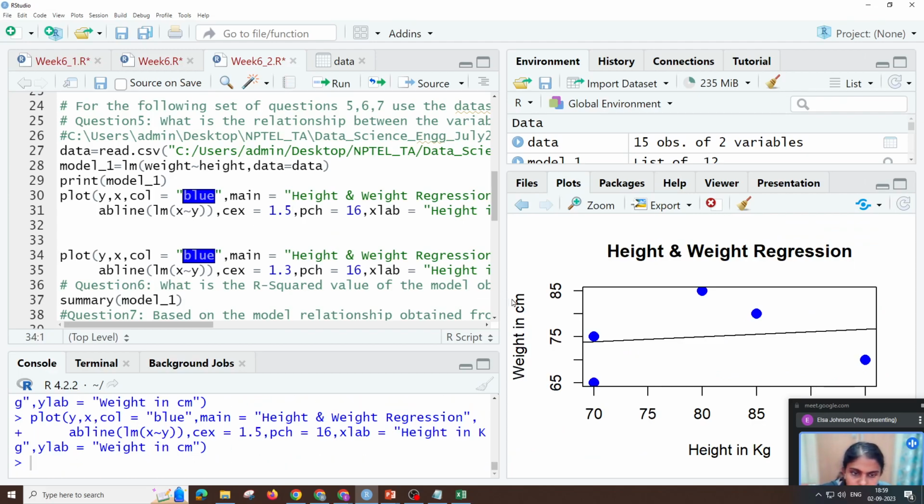If you want to change the size of the symbols and text, it's like this. If you give it 0.8, the size will reduce.